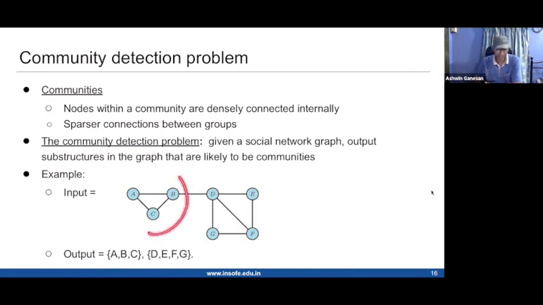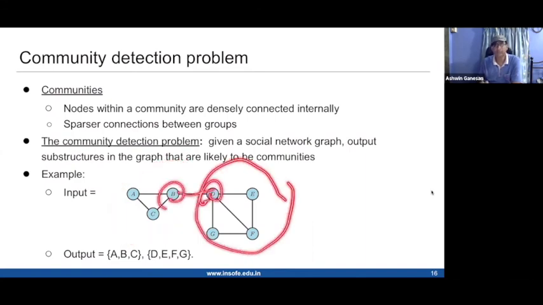It appears that A, B, and C are friends. D, E, F, and G might be a circle of people who play table tennis with each other a lot. A, B, and C are maybe classmates in school. And then B happens to have a table tennis friend D, and so this is the table tennis network of D. So you have different communities like that.